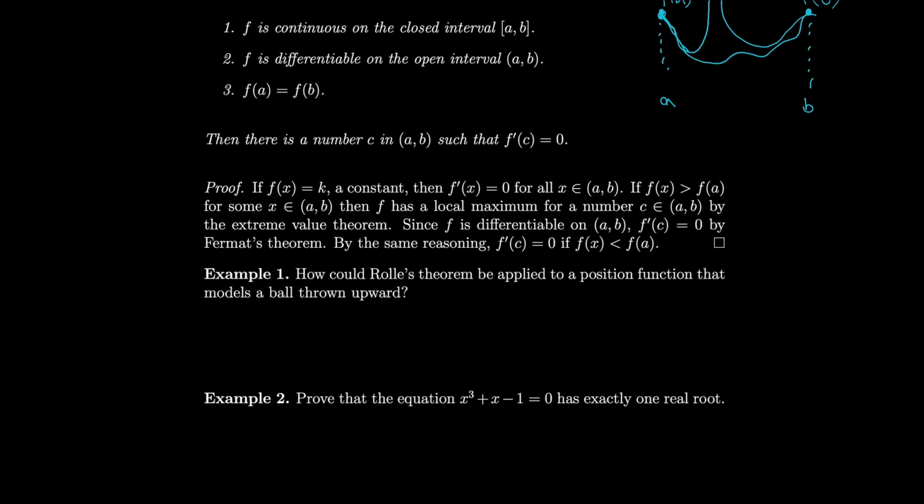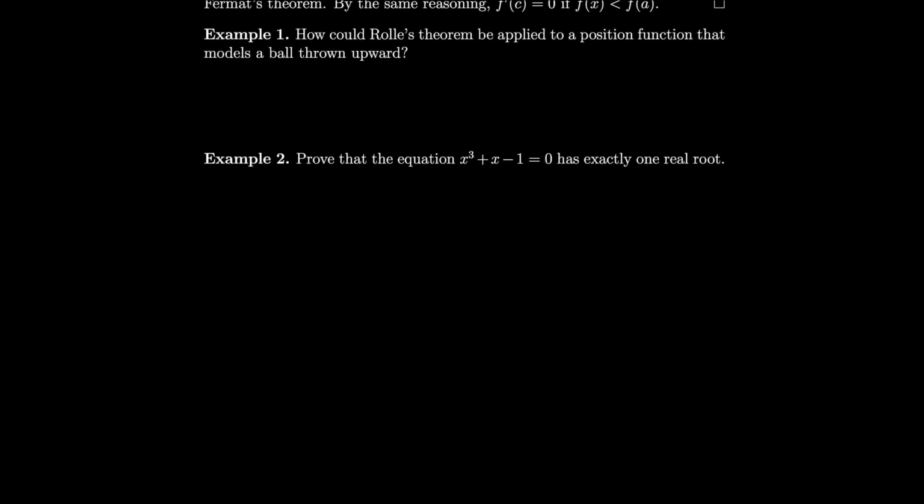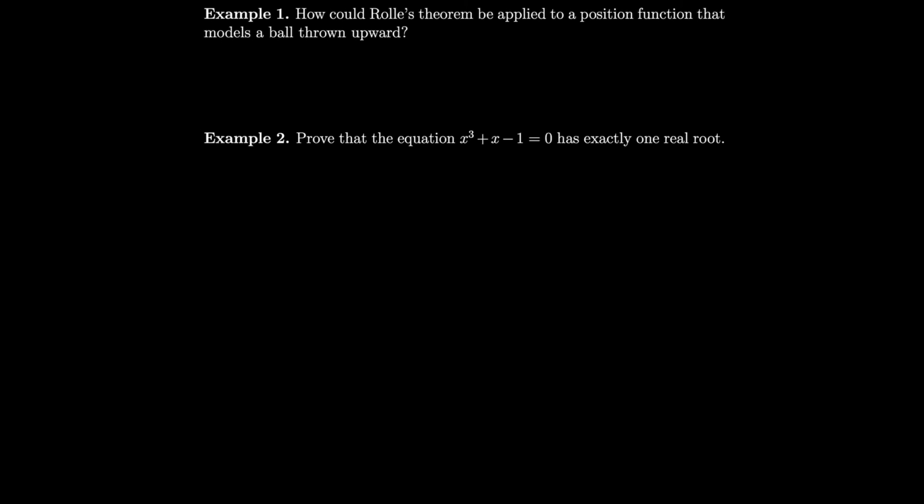So let's do an example. How could Rolle's theorem be applied to a position function that models a ball thrown upward? Well, let's say that our position function is s equals f of t.